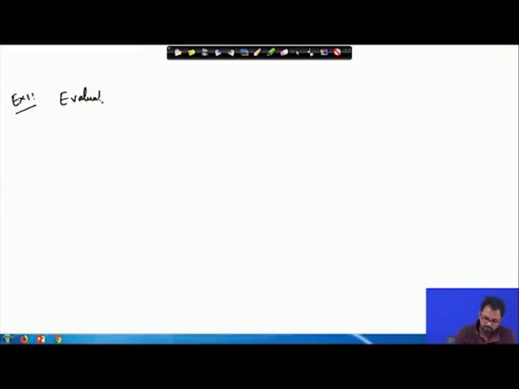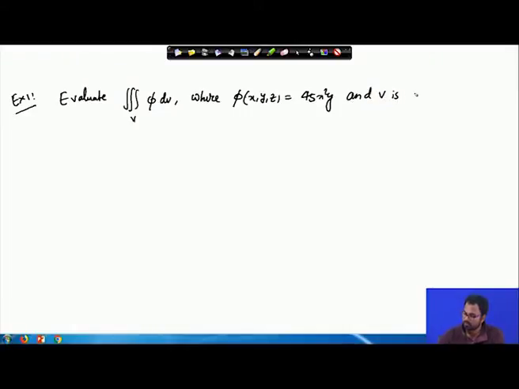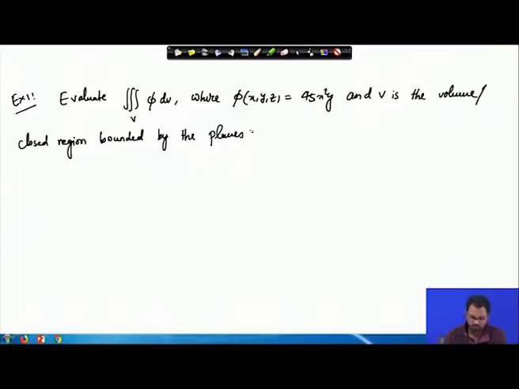Evaluate the integral over V of phi dV, where phi is 45 x squared y, and V is the closed region bounded by the planes 4x + 2y + z = 8, x = 0, y = 0 and z = 0.